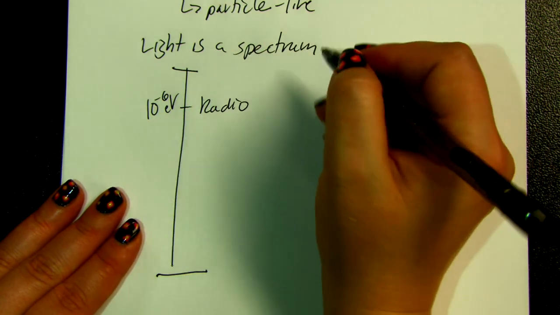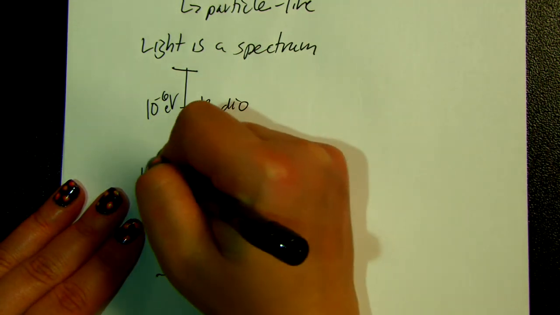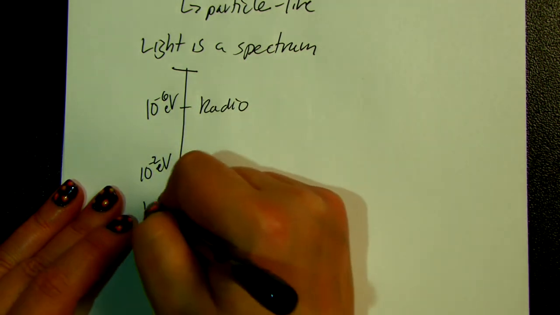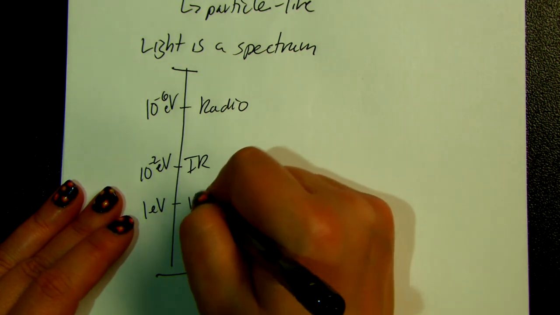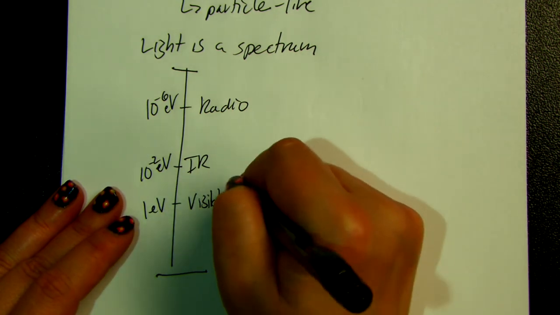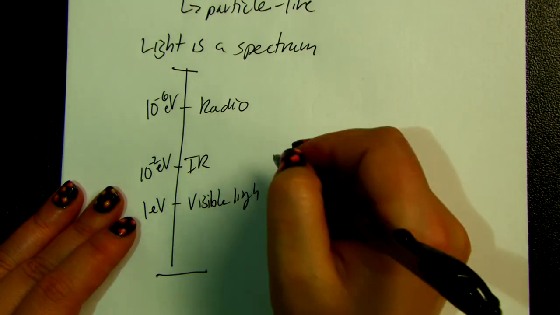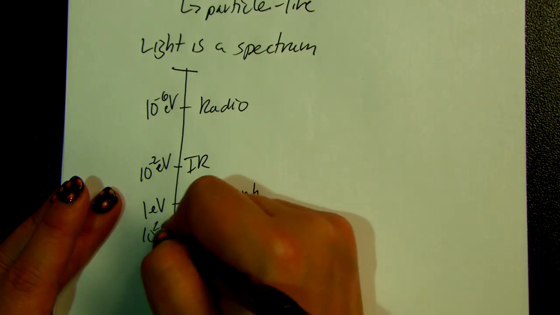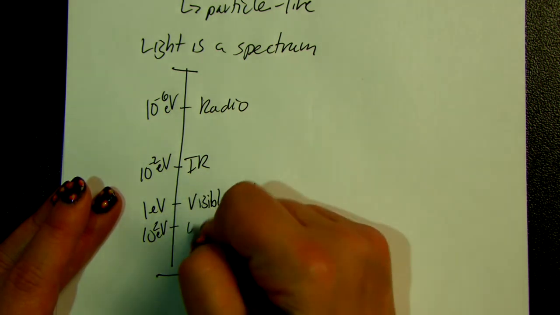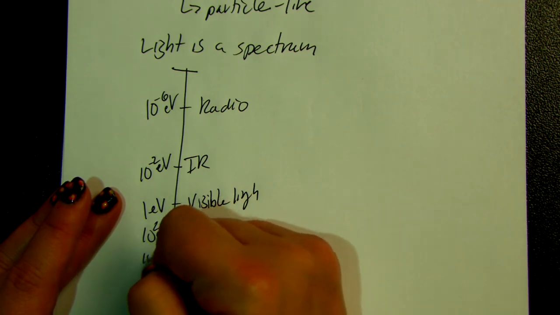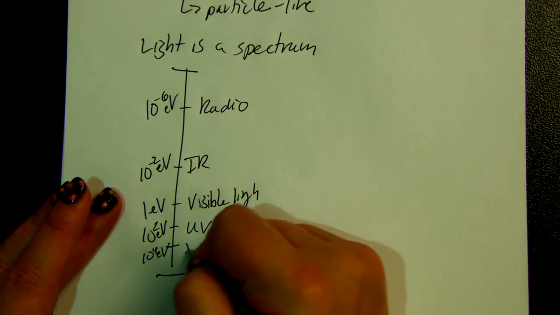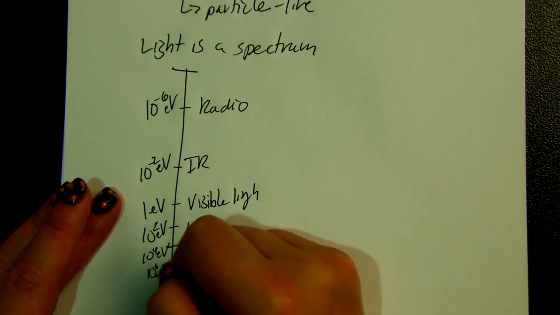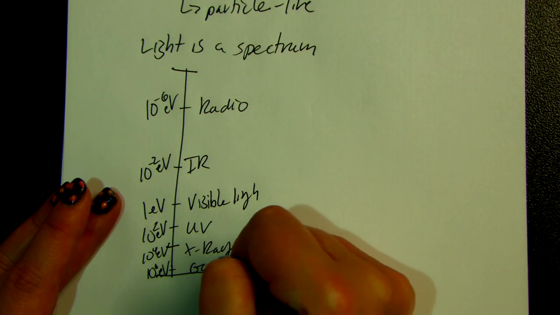Radio waves are a form of light. 10 to the minus 2 eV, we're dealing with infrared light. 1 eV, this is visible. 10 to the 2 eV, this is UV. 10 to the 4 eV, X-ray, and 10 to the 6 eV, gamma radiation.